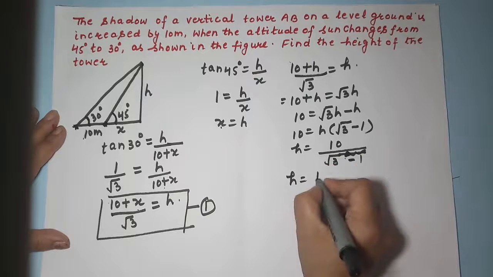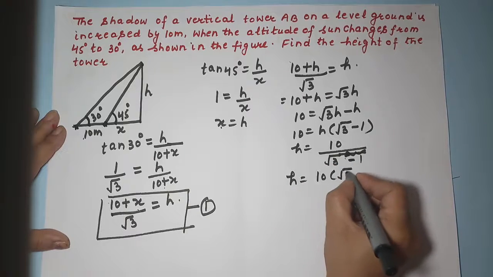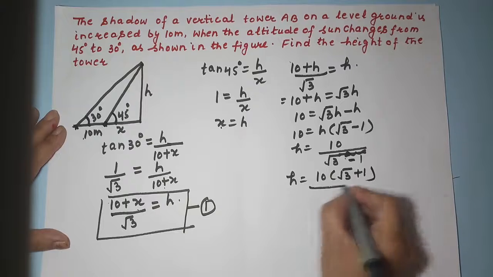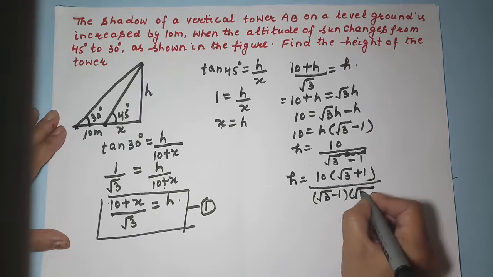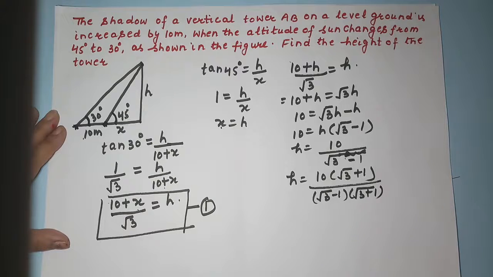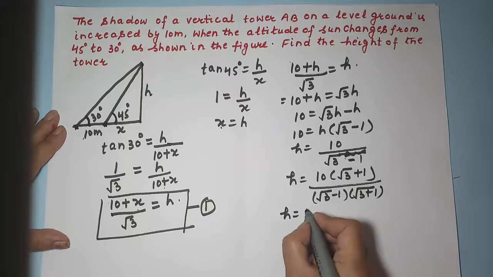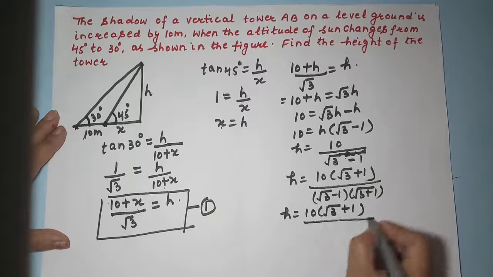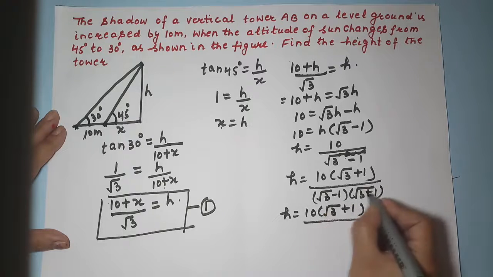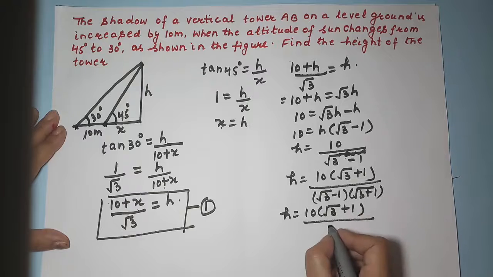So h is equal to 10 into under root 3 plus 1 divided by under root 3 minus 1 into under root 3 plus 1. Right? So my h will be 10 into under root 3 plus 1 upon 3 square is 3, 1 square is 1, 3 minus 1 is 2.